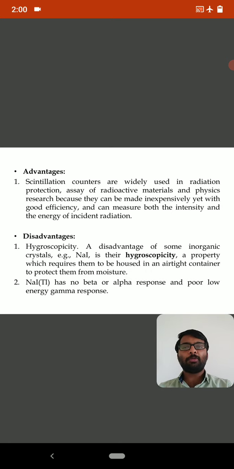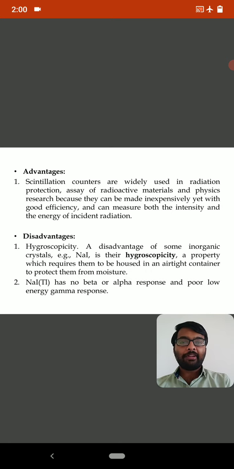Then what are the disadvantages? One of the main disadvantages is hygroscopicity. In scintillators we have different types. To be specific, some of the inorganic scintillators, such as the sodium iodide crystal, that is NaI crystal, which is activated with thallium, are hygroscopic, meaning they will absorb the surrounding moisture.